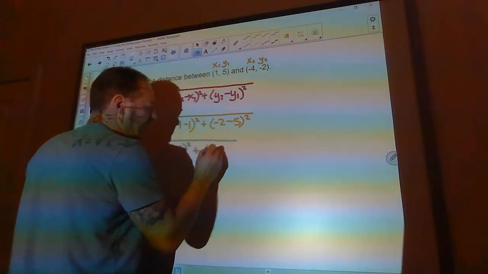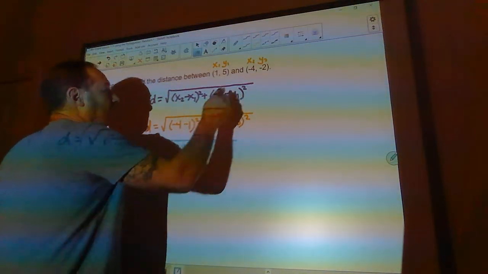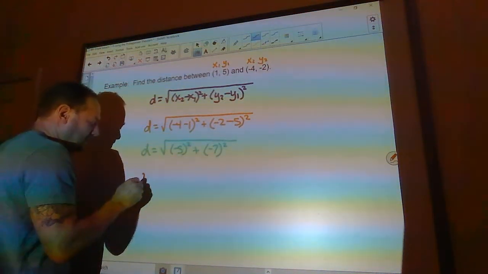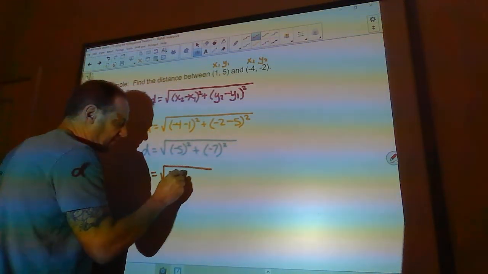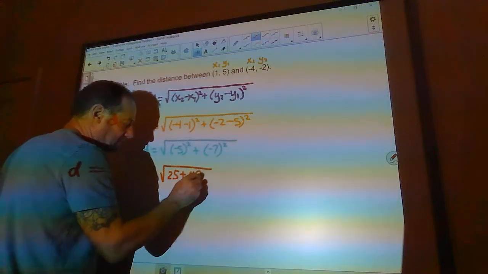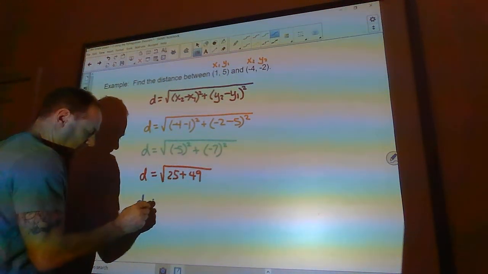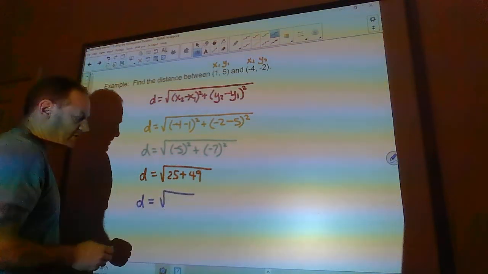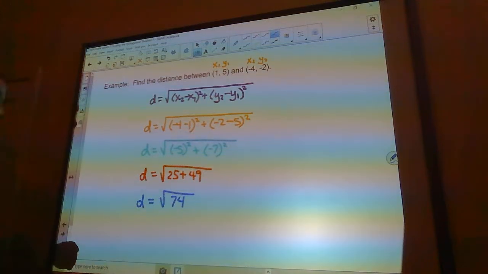And this is going to be negative 7 squared. And then, negative 5 squared is 25. And that's going to be 49. And then that's going to be 74. Yep.